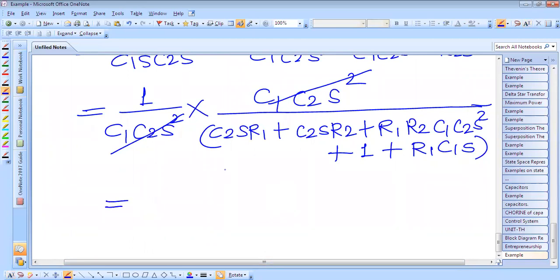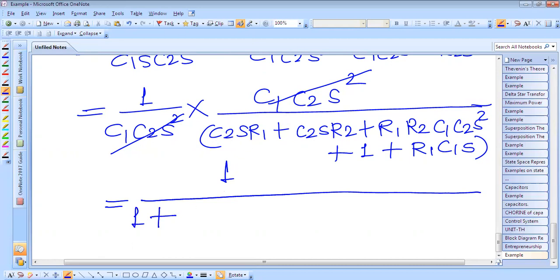So what will remain there? 1 over 1 plus, we'll take here S common. So what will remain there?